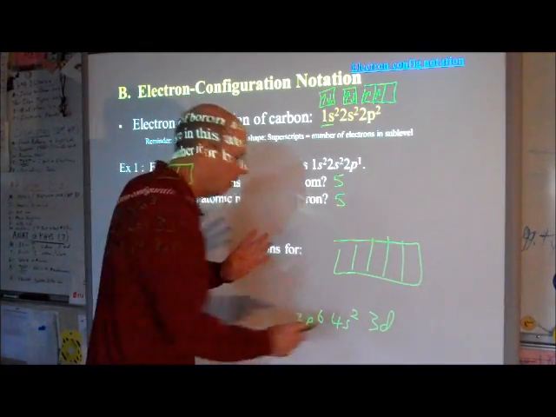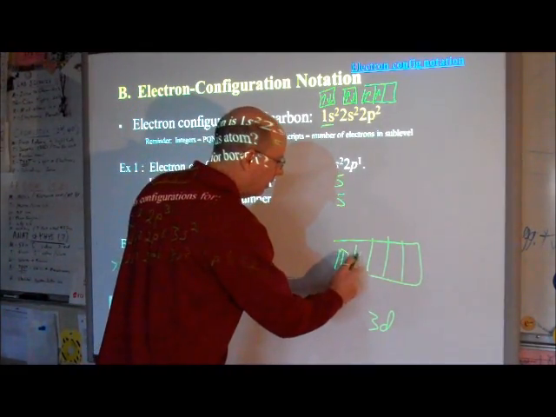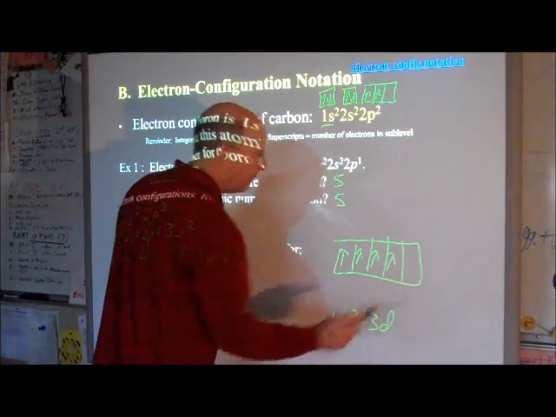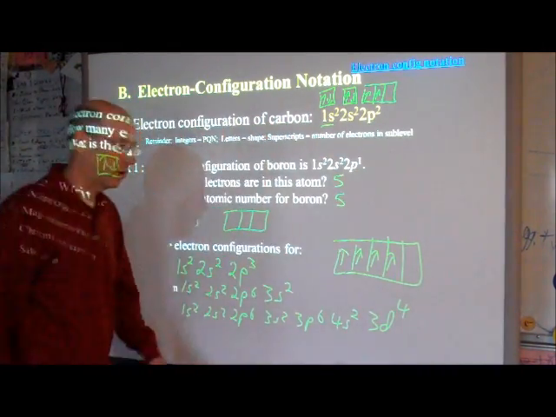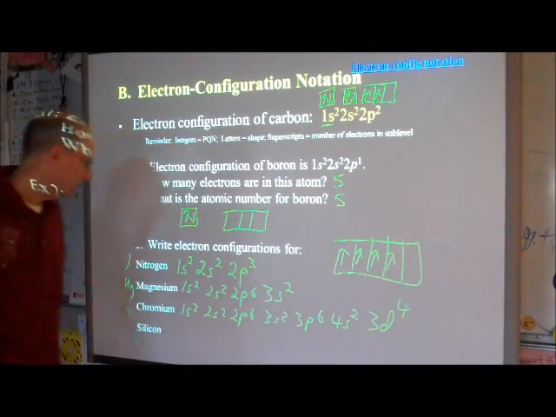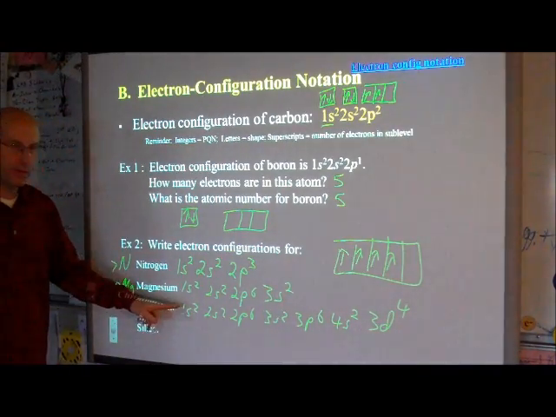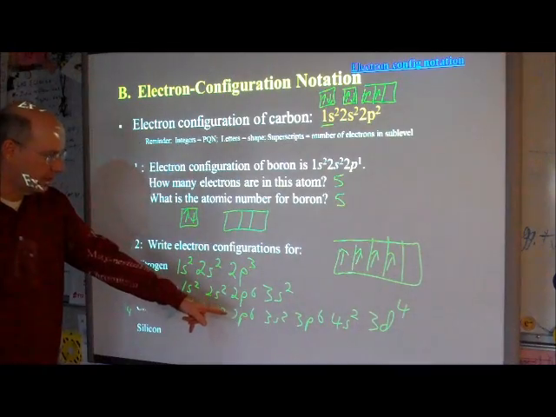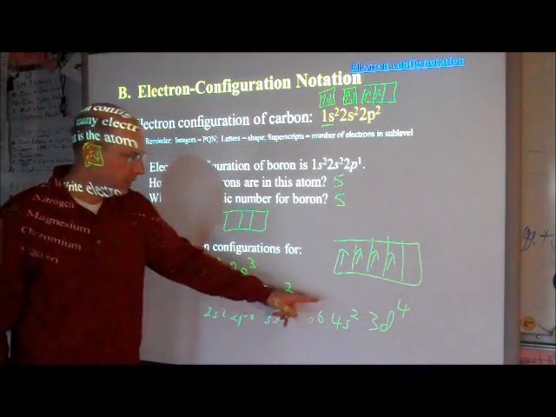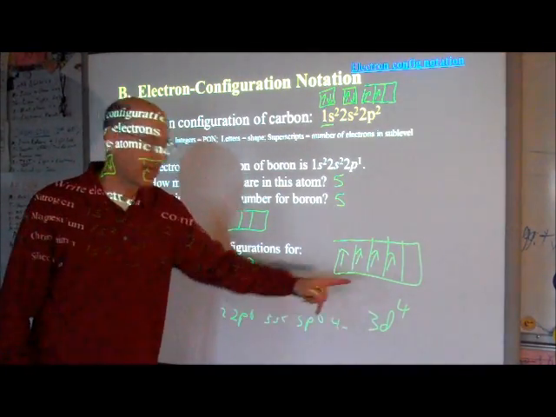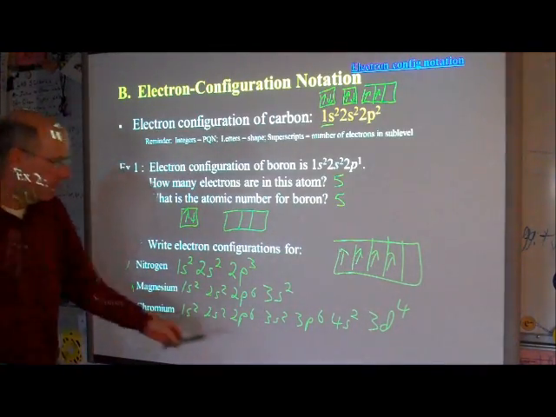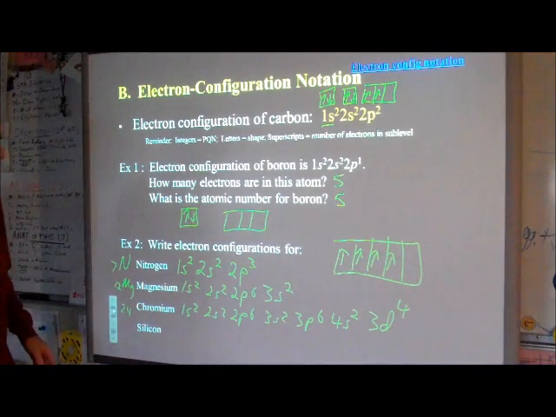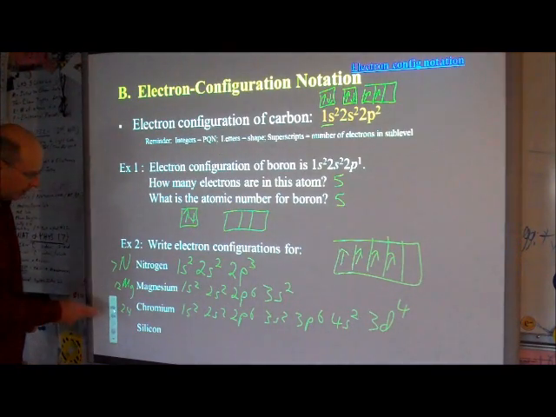Yep, I would go up, up, up, up, stop. 1, 2, 3, 4 electrons. 3d4 is the shorthand way to write this. So chromium's electron configuration is 1s2, 2s2, 2p6, 3s2, 3p6, 4s2, 3d4. Count 24 electrons. If you do that, you'll understand what a shortcut electron configuration is.